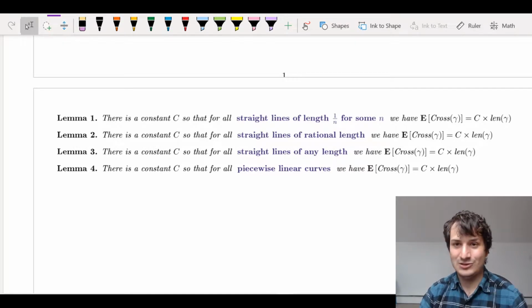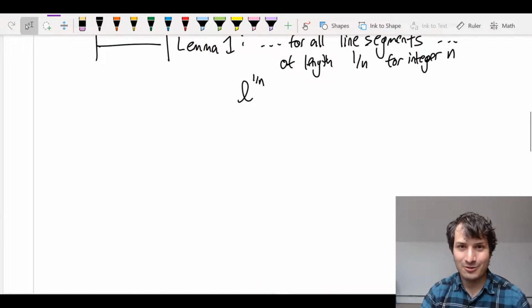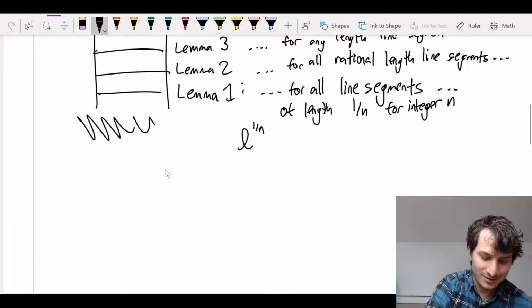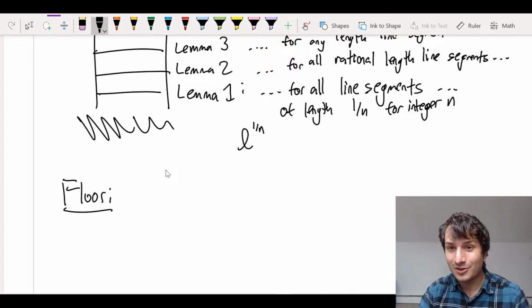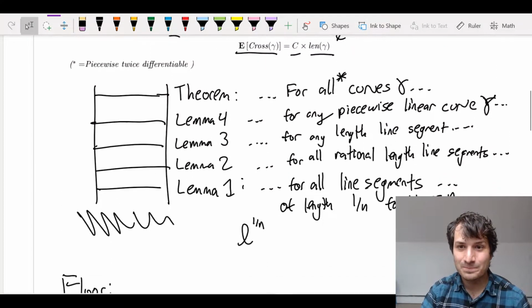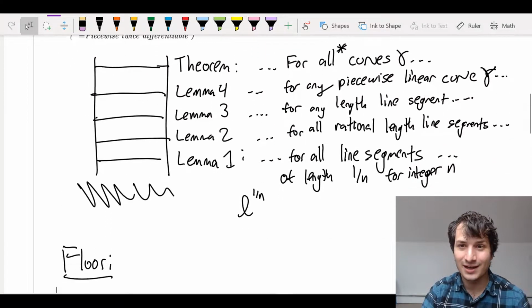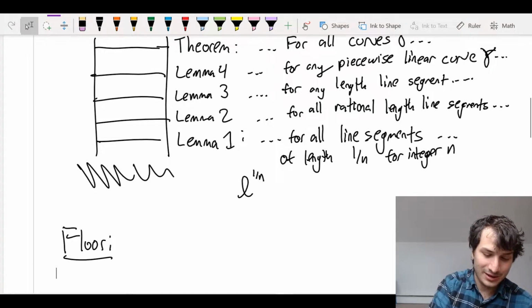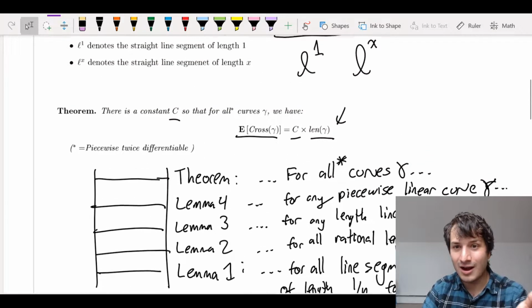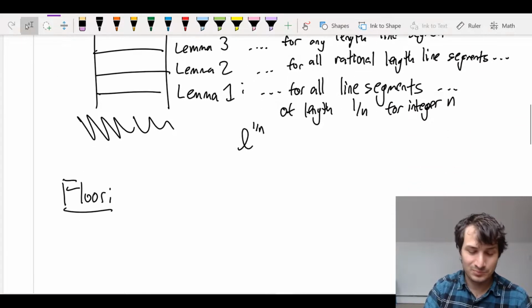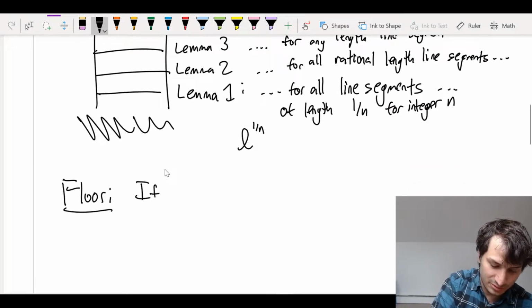Okay, going with the ladder analogy, there is also a ground floor. So what is the floor? Look, if this constant c is going to exist, then it has to be equal to what happens for L1.